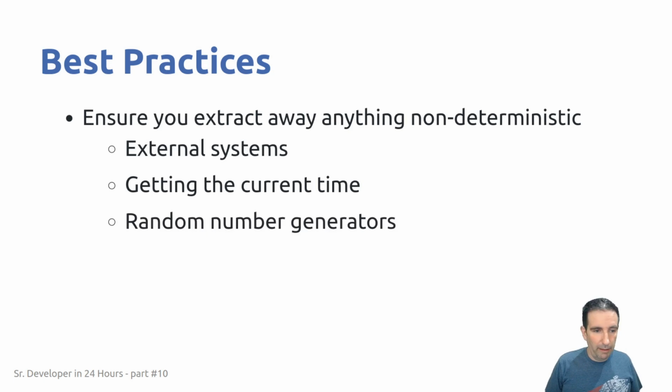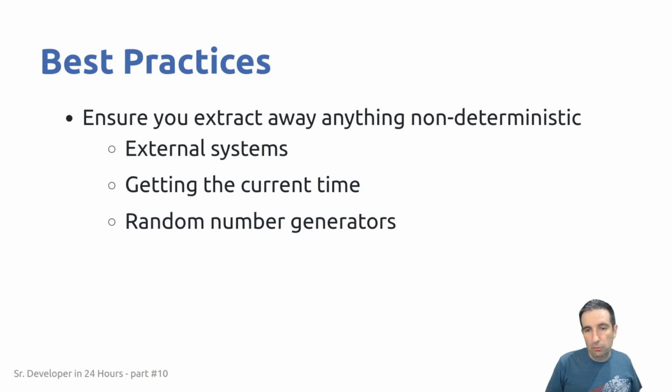Another important one is random number generators. If we have an algorithm that requires a random seed to be able to do encryption, things like that, a random number generator might make the test harder to write, might make it non-deterministic.